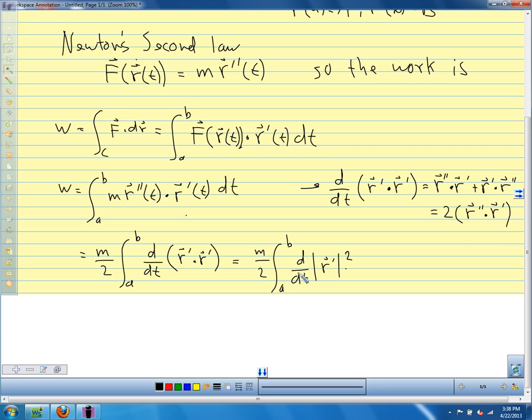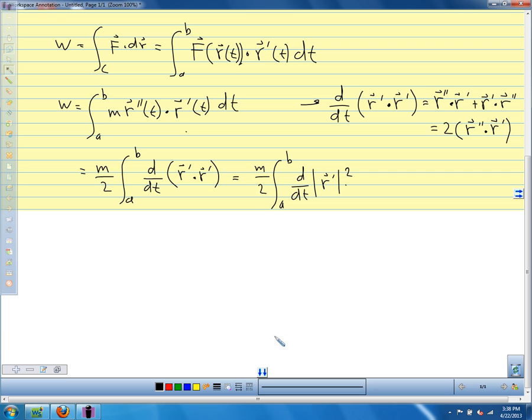Now we're taking the definite integral of a derivative, so we can use the fundamental theorem of calculus to say that our work is m over 2 times the magnitude of r prime squared, evaluated from t equals a to t equals b.